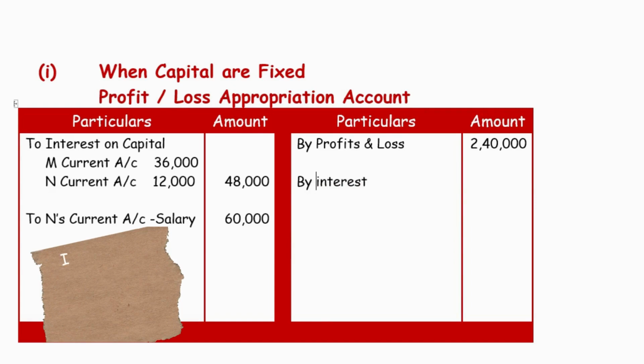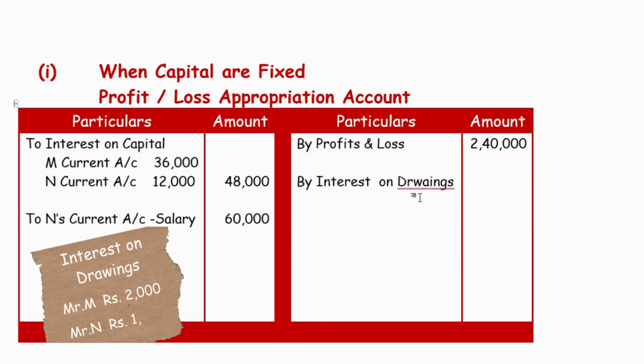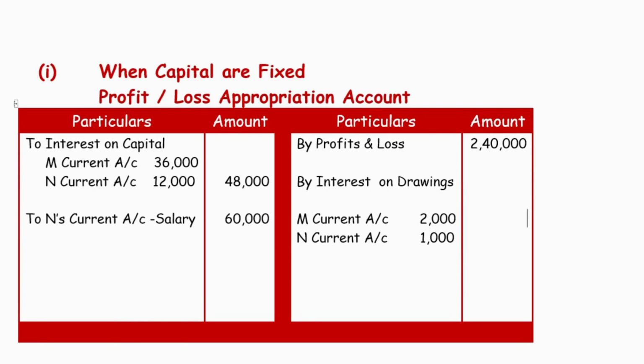Two partners will pay this through their current accounts, M current account and N current account, and the amount is given in this question. We need not calculate it as a percentage. The amounts are readily given. So the firm receives an income of 3,000 by way of interest on drawings.